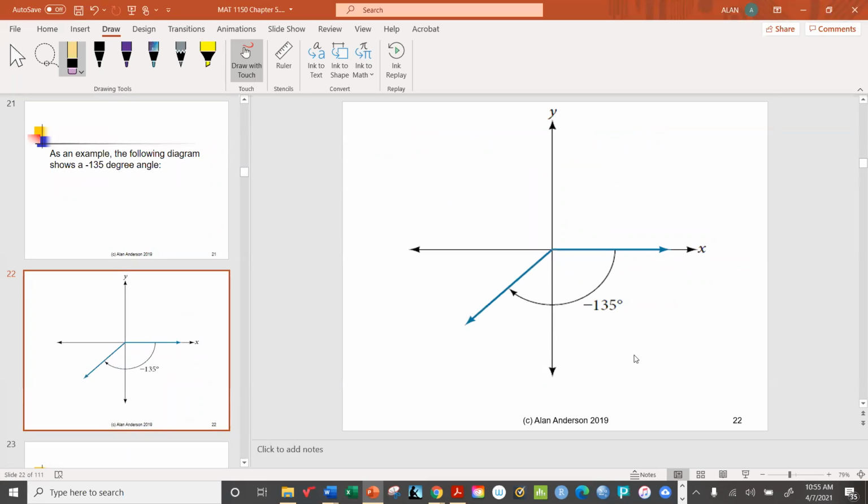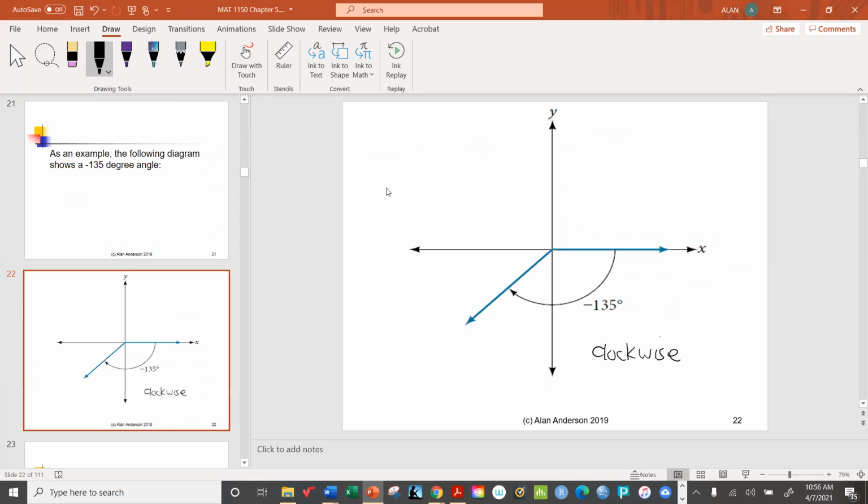And here's why. Because if you notice, we're going clockwise here. So going clockwise in this direction, 135 degrees, by the way, what it means is 90 degrees for this quadrant, and then halfway through the next quadrant, half of 90 is 45.